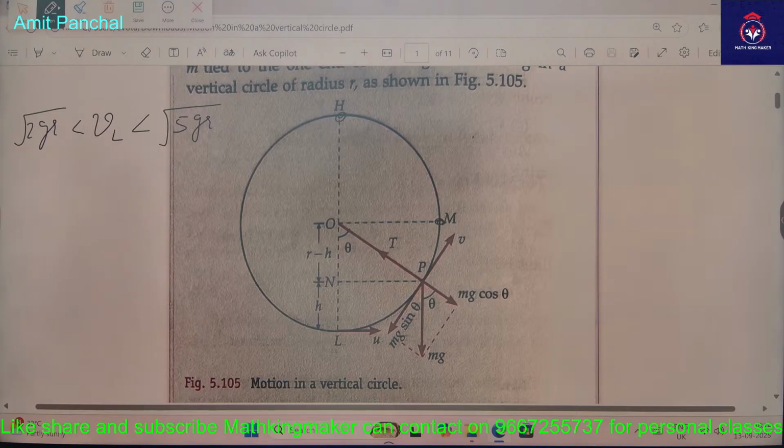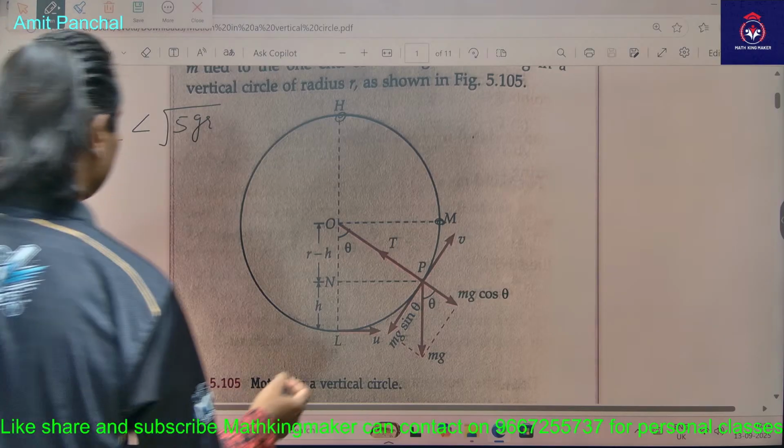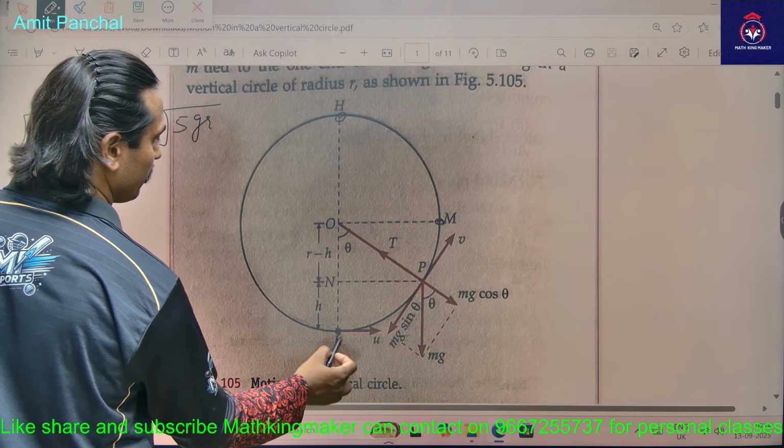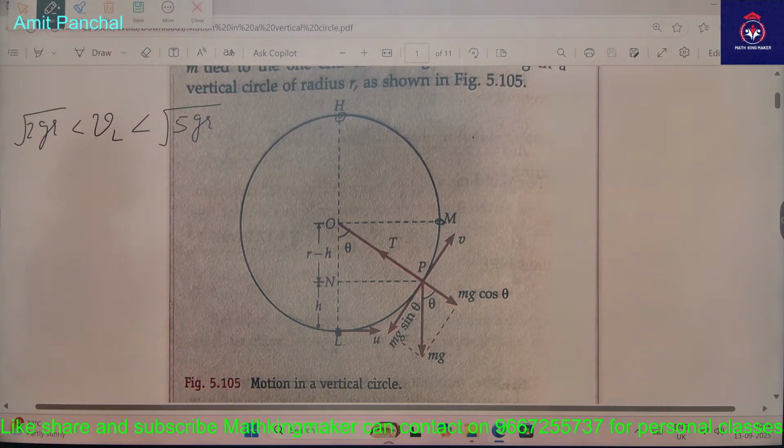What is VL, sir? VL is the velocity at the lowest point.